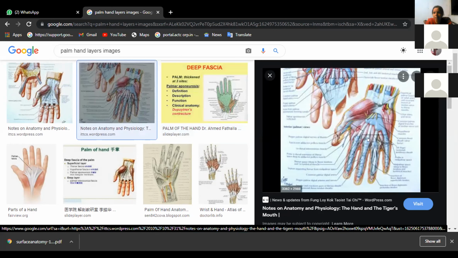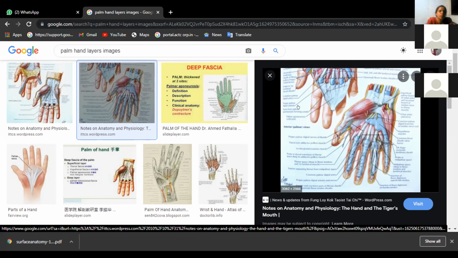Once you have reflected the skin and removed the palmar aponeurosis, what you will see in the palm is thenar muscles towards the thumb and hypothenar muscles towards the little finger. This is our flexor retinaculum. We are finding the long flexor tendons of the forearm entering into the palm. Between the long flexor tendons we have small earthworm-like muscles, which are the lumbricals.